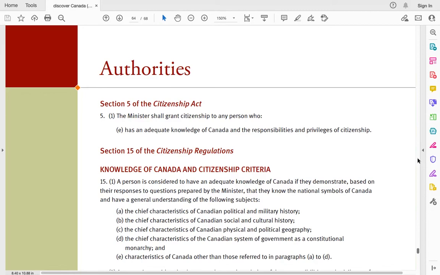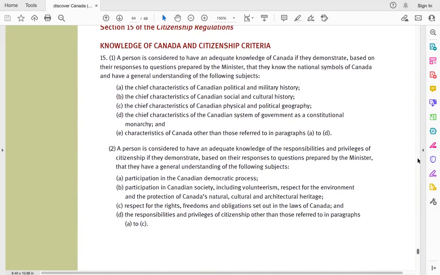B, the chief characteristics of Canadian social and cultural history. C, the chief characteristics of Canadian physical and political geography. D, the chief characteristics of the Canadian system of government as a constitutional monarchy. And E, characteristics of Canada other than those referred to in paragraphs A to D.